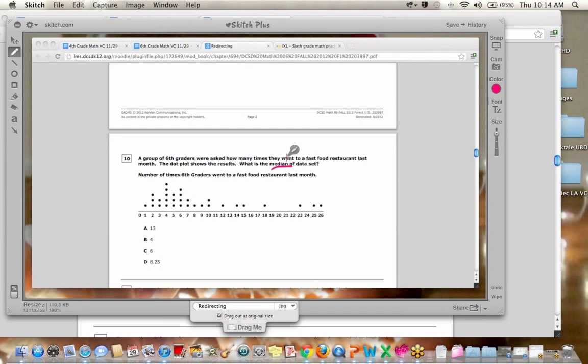So median is pretty simple. Really, all I need to do to find median is mark off the highest and then mark off the lowest and keep doing that until I end up with 1 dot. And if I end up with 2 dots, then I would average those 2 dots out. So let's do that. Okay, let's mark off the highest, mark off the lowest, highest, lowest, highest, lowest, highest, lowest, highest, lowest.